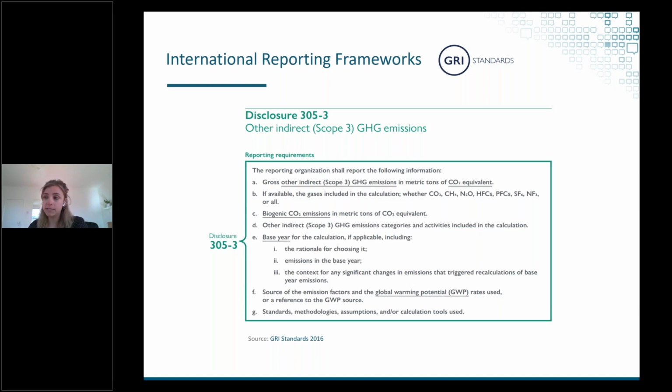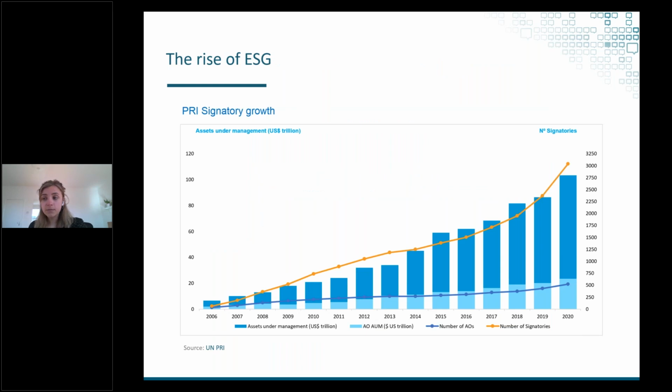And we have also witnessed a growth of Scope 3 disclosures in internal ESG reports from companies worldwide. Talking of ESG, here we have the increase of PRI, the Principles for Responsible Investment, growth, and we can see that this increase is telling us that the trend is expected to keep on growing, so that even in the investment world, Scope 3 is becoming a topic.